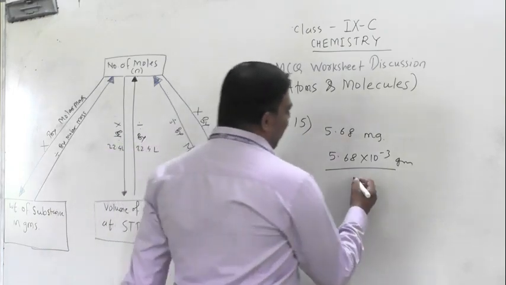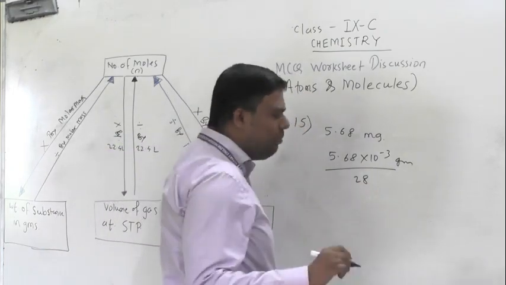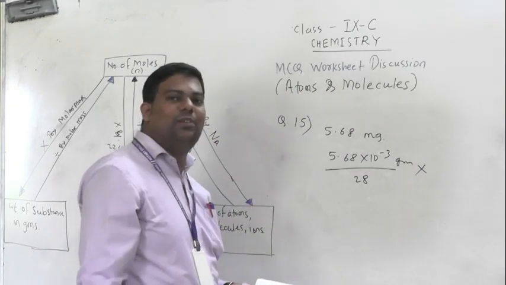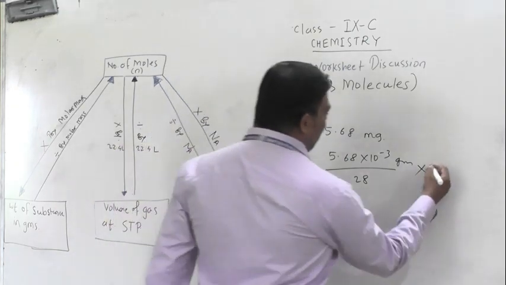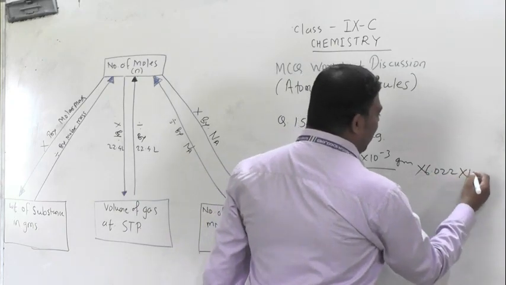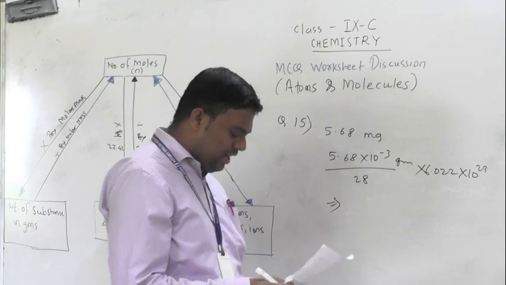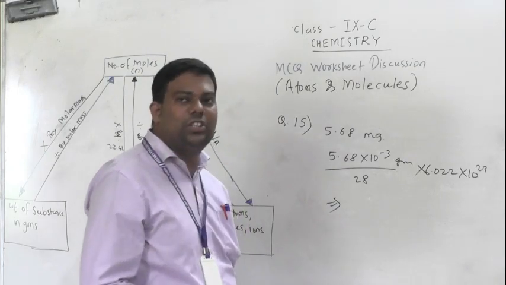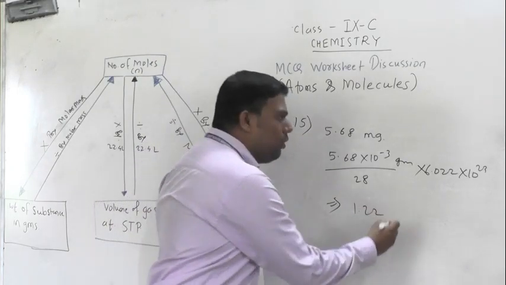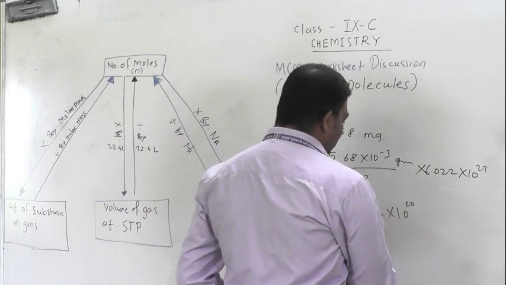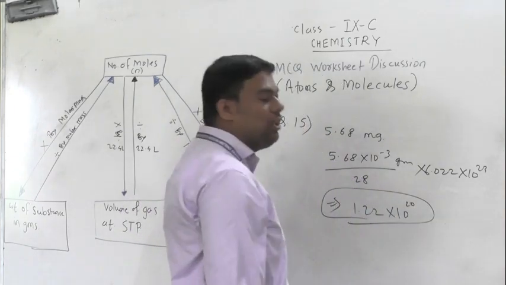So divided by about 28, the atomic mass of silicon, into, because they want the number of silicon atoms, Avogadro's number, 6.022 into 10 to the 23. So you will get your answer. That answer is 1.22 into 10 to the 20, so you can cross check your answer.